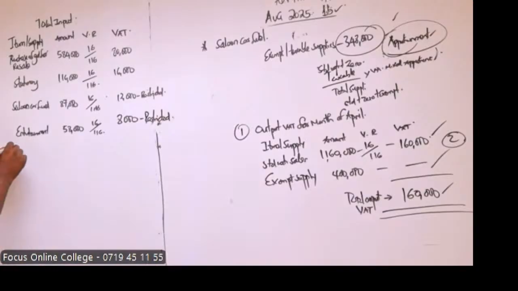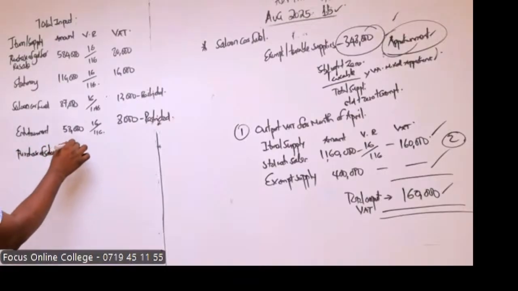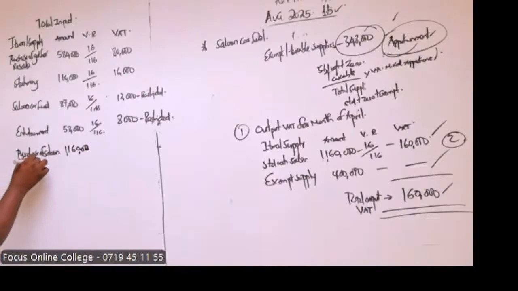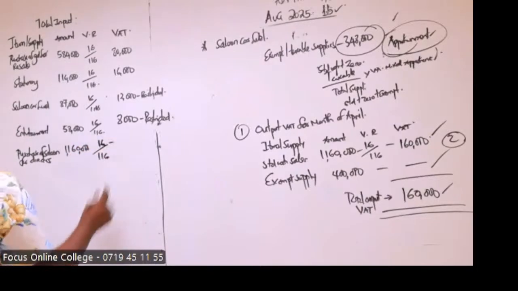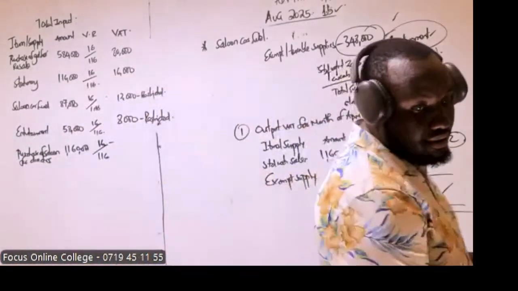Then you have purchase of saloon car for directors. So what is the figure we are having for that?